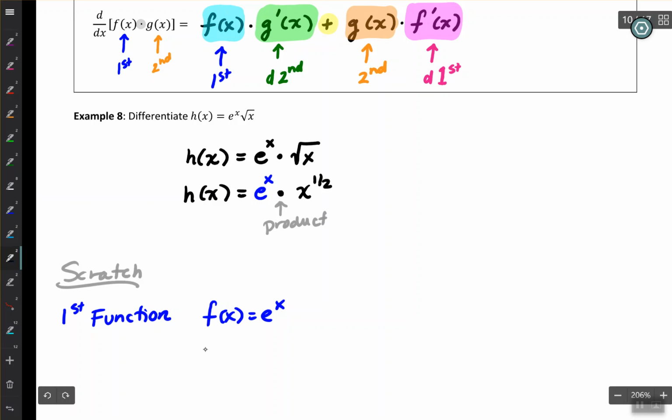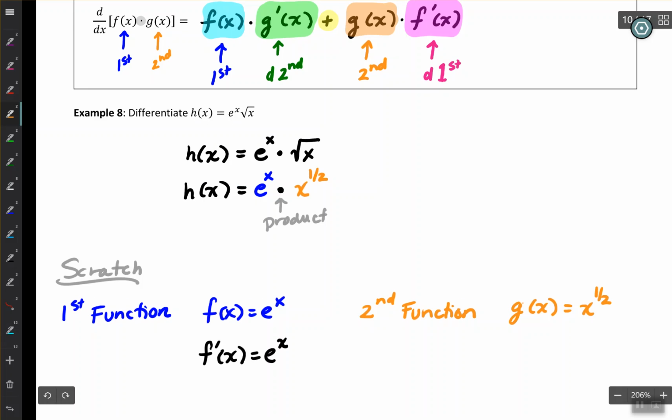The derivative of f of x, the derivative of e to the x, is e to the x. I have a second function as well. Your second function is square root of x, or if you want, x to the 1/2 power. g of x is x to the 1/2 power.